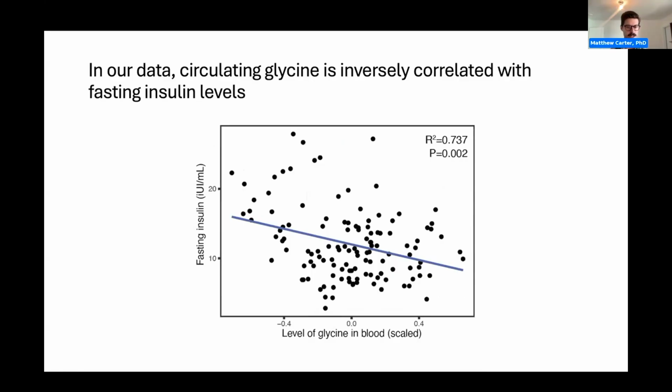But one thing that we can look at is the level of people's fasting insulin, where on the road to diabetes you see increasing insulin resistance in your body, making more insulin. And so what we see is even in the cohort we have here, the lower glycine you have in circulation, the higher your fasting insulin. So we're even seeing some hints of this correlation in our data as well.